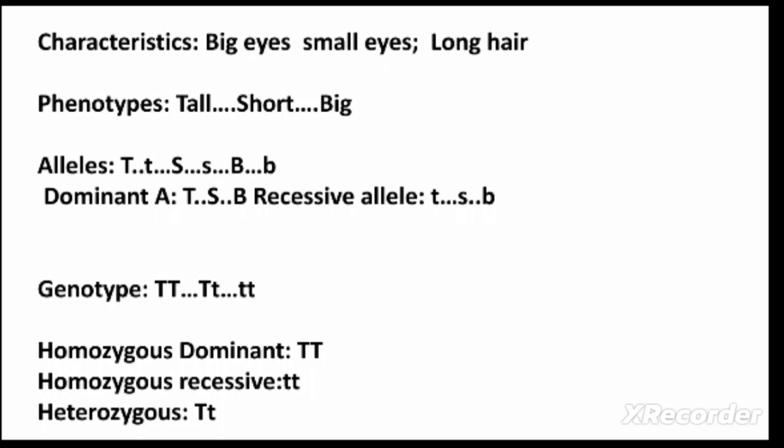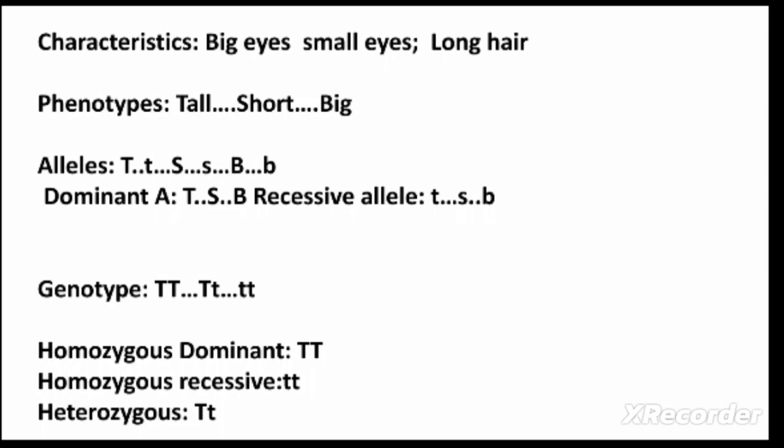They will tell you that being short is controlled by a recessive allele S. What is the allele for short? That is small letter s, because they said it is controlled by a recessive allele. They can say that having big eyes is controlled by the dominant allele B. What is the allele for big eyes? That is capital letter B, because dominant allele means capital letters. Recessive alleles means small letters.